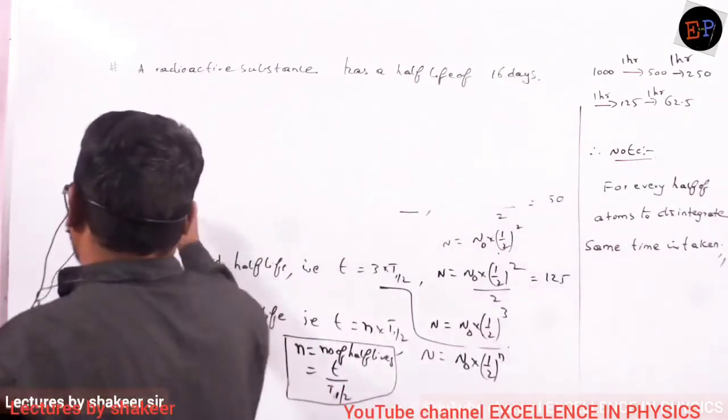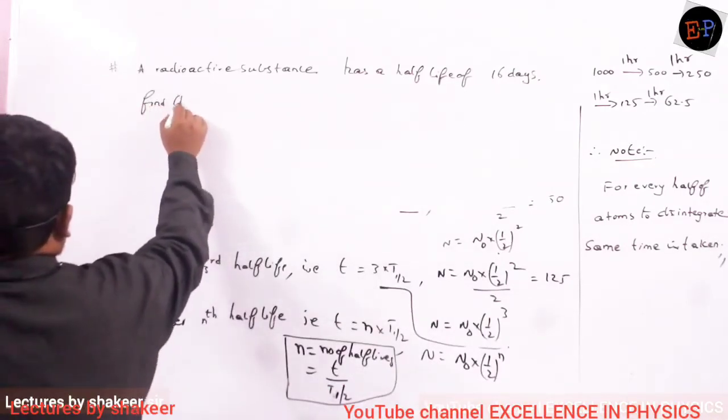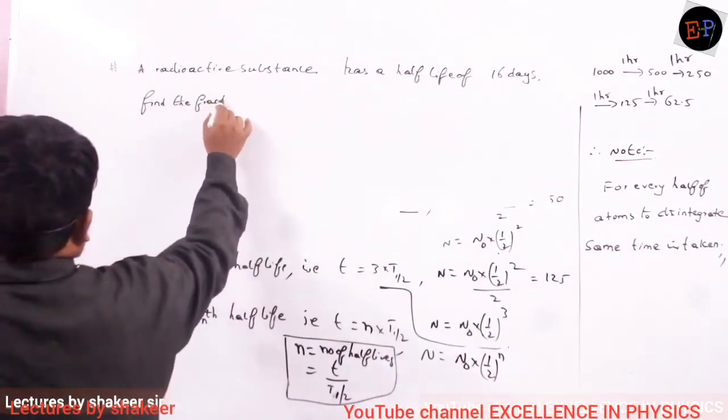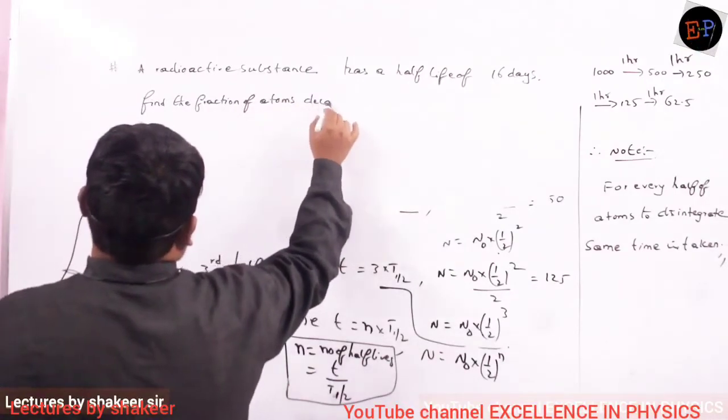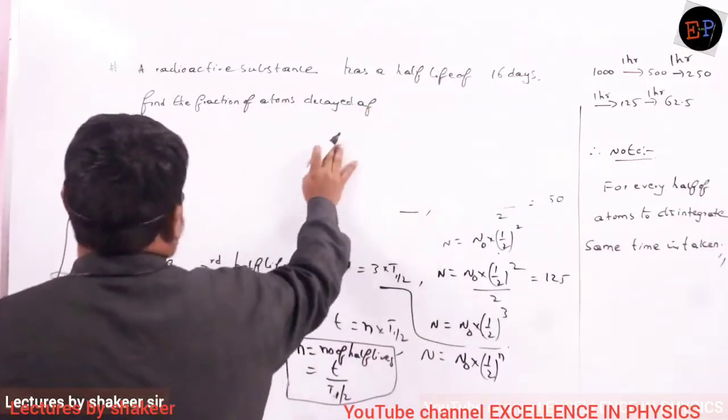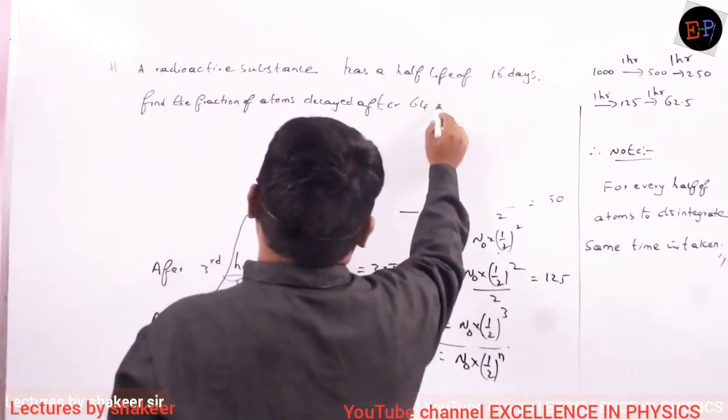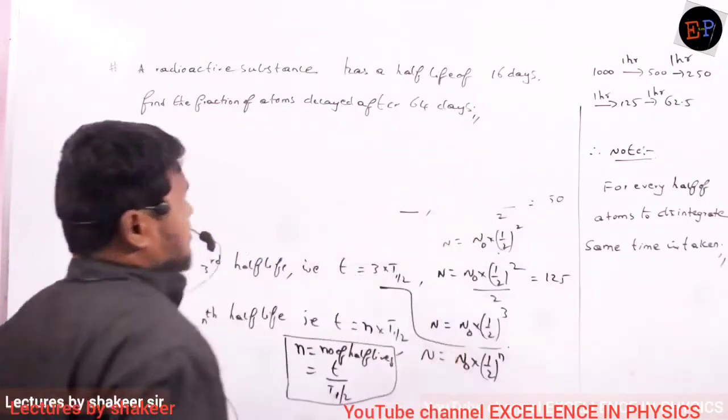Find the fraction of atoms decayed after 64 days. That is the question.